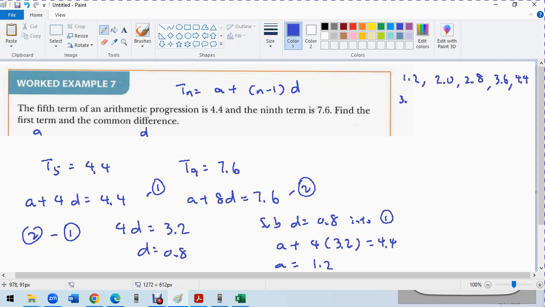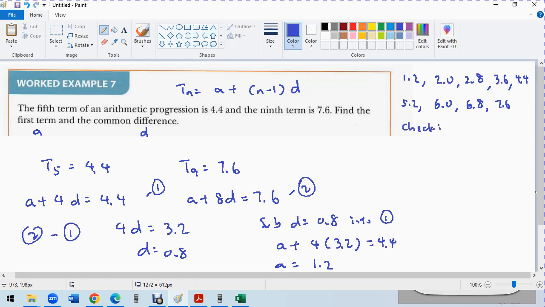Then 5.2, 6.0, 6.8, 7.6. That is correct. So we can check the answer this way.